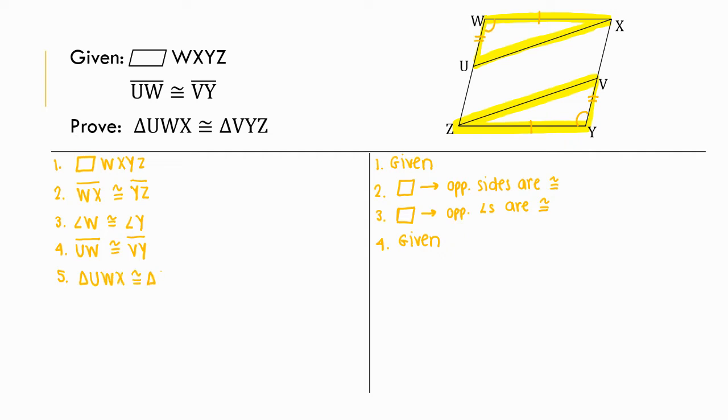We can say that the triangle UWX is congruent to the triangle VYZ, and that's because of side, angle, side. Notice that our first set of congruent sides came from step number 2. Our congruent angles came from step number 3. Our other set of congruent sides came from step number 4. So we're done.